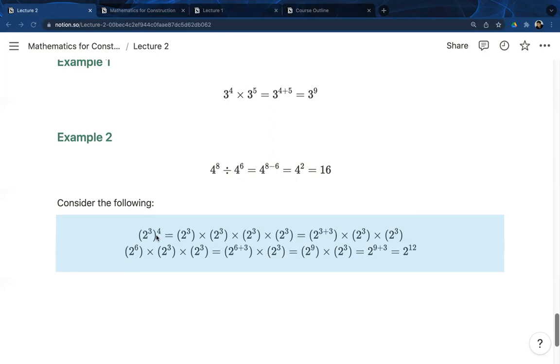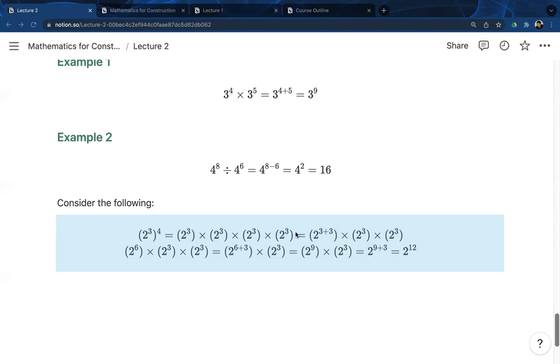This is 4 sets of 3 twos. 4 sets, and each set has 3 in it. That's 12 in all. Multiplication is a shorthand for repeated addition. Instead of adding something 4 times, I could just multiply by 4. So each one of these buckets, I have 3 twos, and I have 4 sets of them. Well, that's 12 in all.